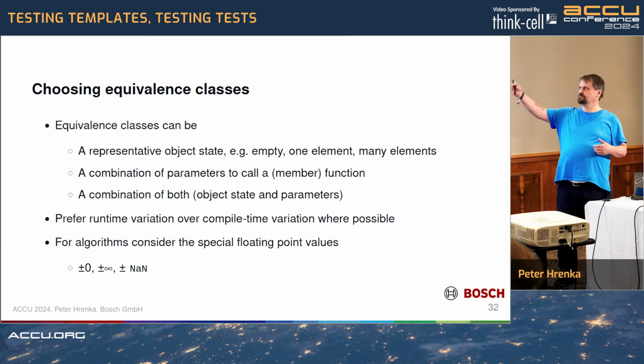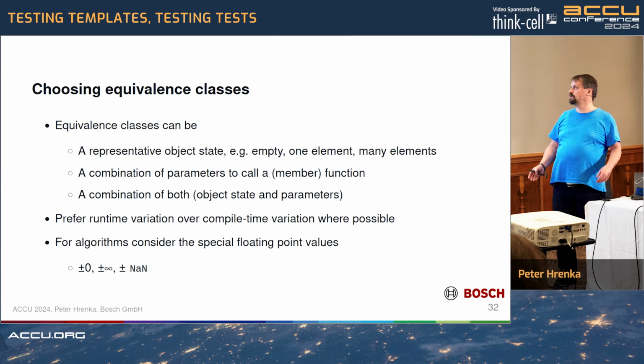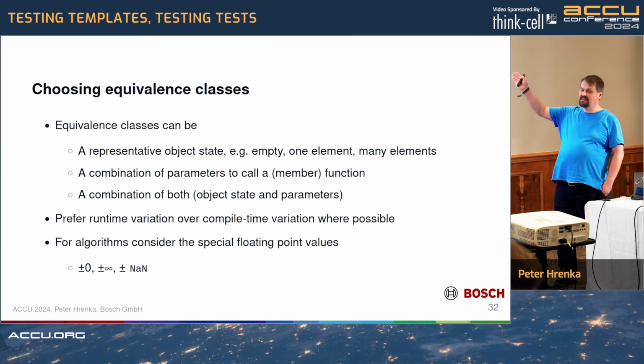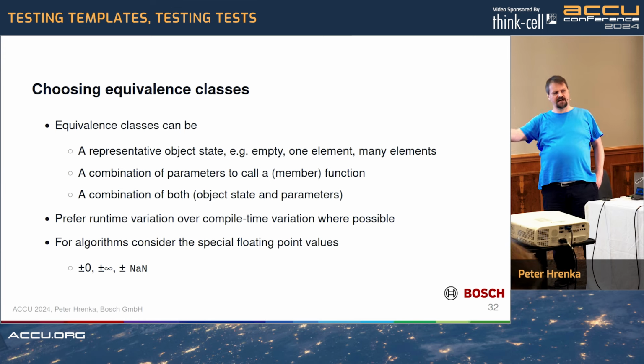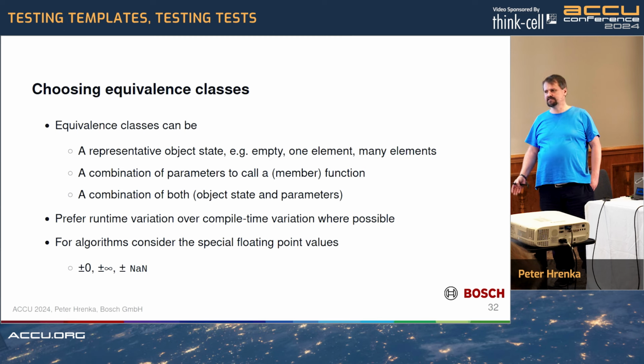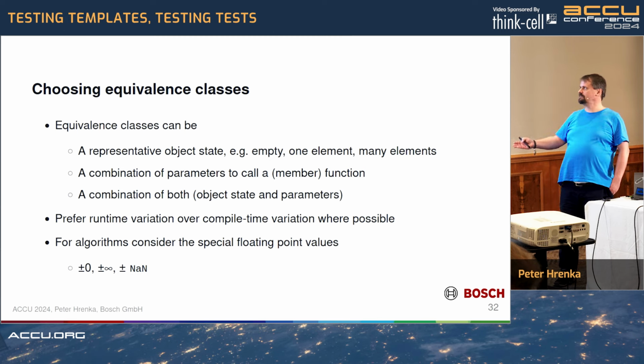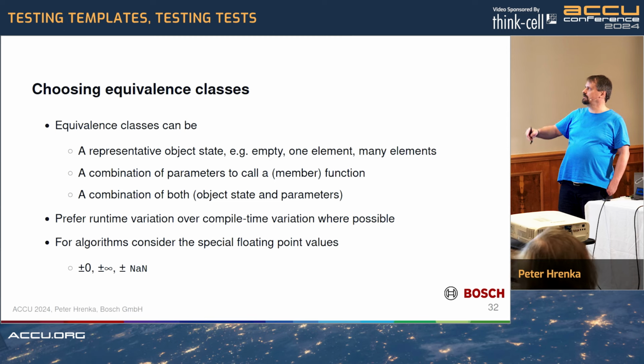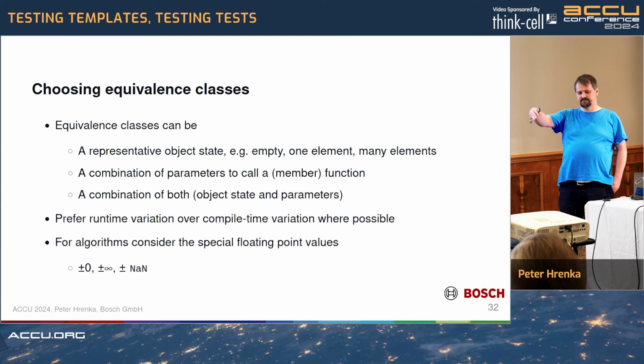Of course, the empty one should be in. Then we have just one element, which is also a good equivalence class, and then many elements. And maybe we want to define many elements to be a reasonable size. I wouldn't take 1 million, but maybe some odd number or any larger number. For our testing, that would be the standard number to use.